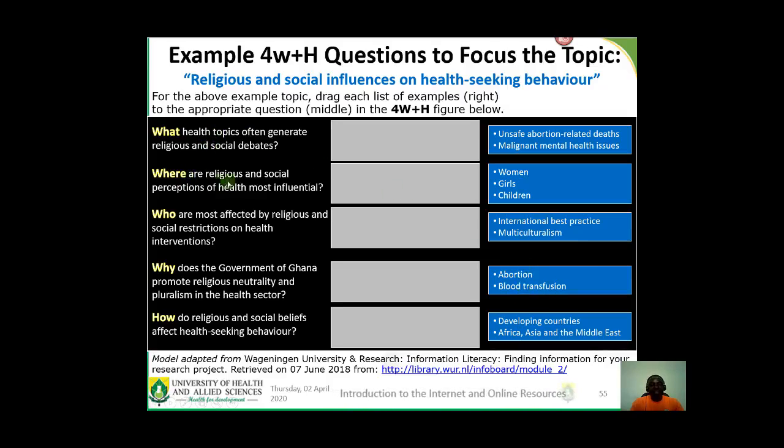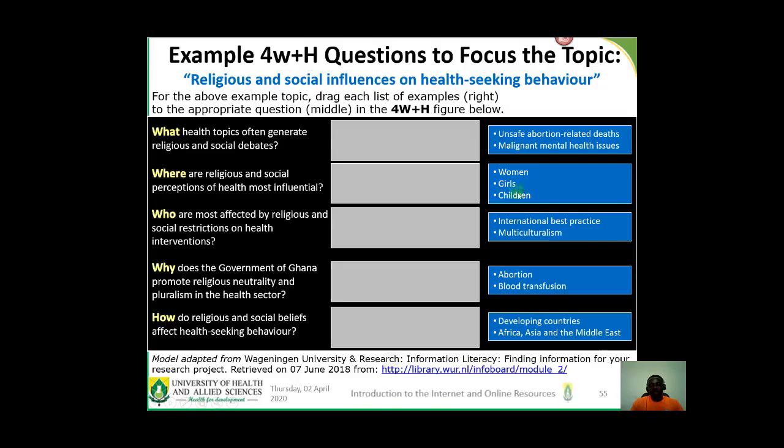Where are religious and social perceptions of health most influential? Now, if you watch, you can see developing countries, Africa, Asia. And so you move this to the question number 2, as you move this also to question number 1. Now, who are most affected by religious and social restrictions on health interventions?